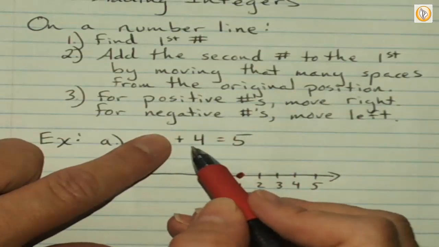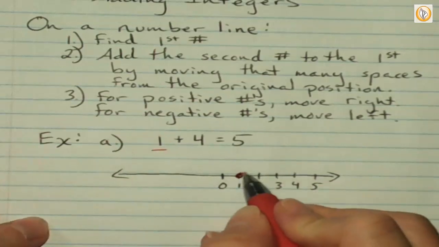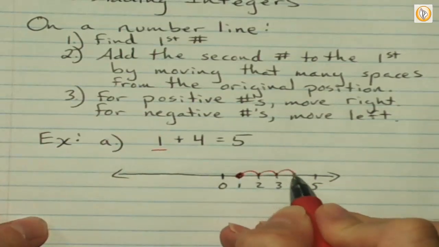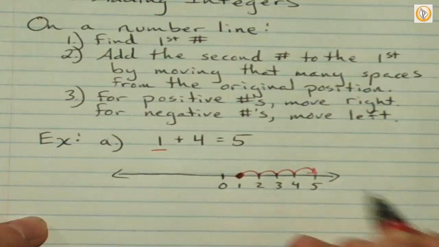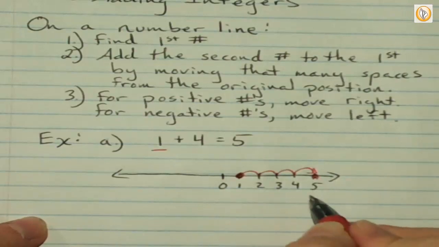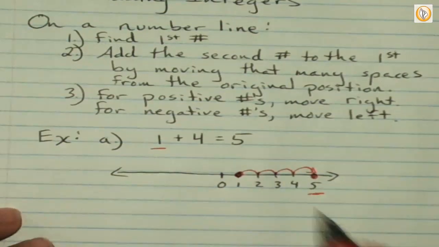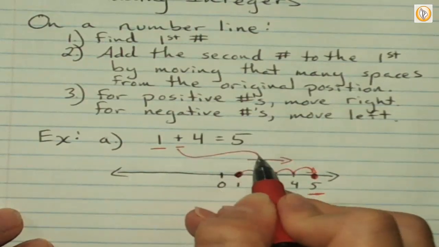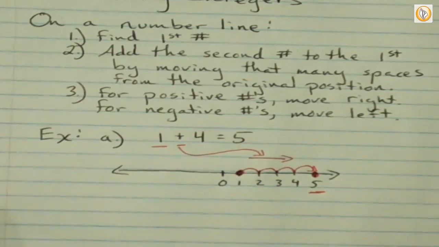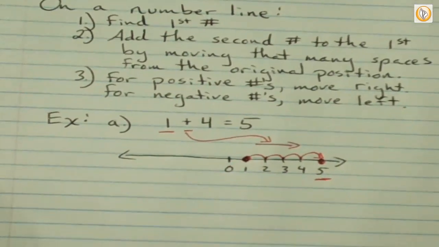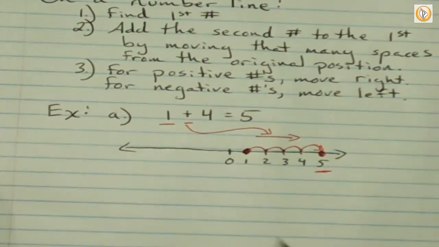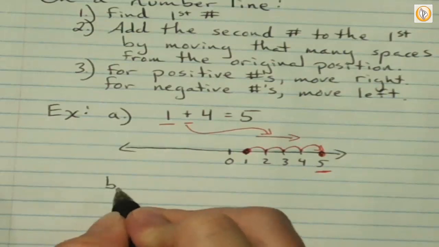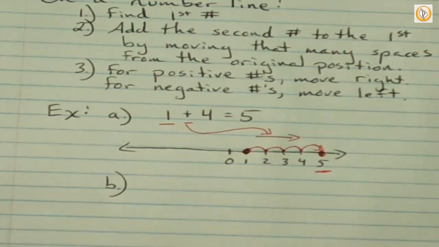So we have plus 4. So I go 1, 2, 3, 4 places. And my answer is 5. Because we're adding, we move 4 places. This is the number line way of doing this.